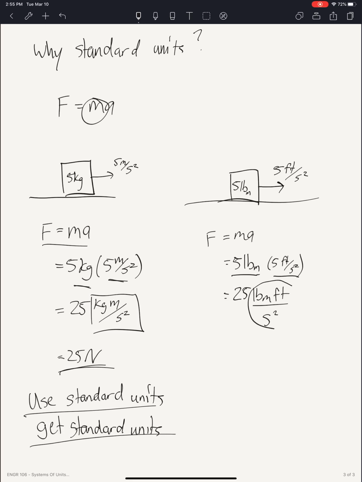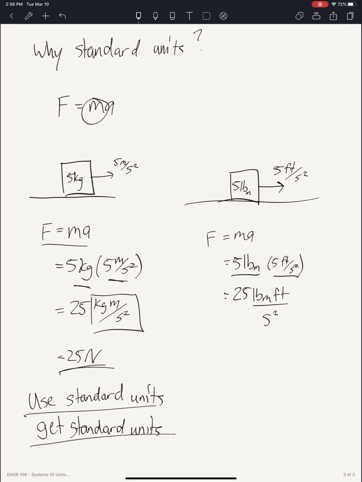But this is not standard and is not equal to 25 pounds. Absolutely not. Because this isn't the standard mass unit. It's just not. So we need a different approach. Well, the appropriate thing to do is to convert pounds mass to slugs so that the calculation can be performed.